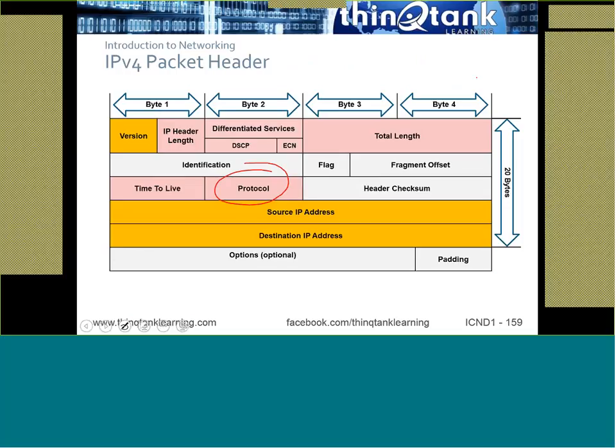Protocol. The protocol field is to layer 3 like the type field was to layer 2. Well, what did the type field do in layer 2? What does the type field do in layer 2? We had destination MAC, source MAC.